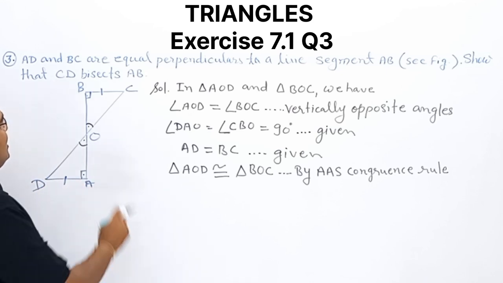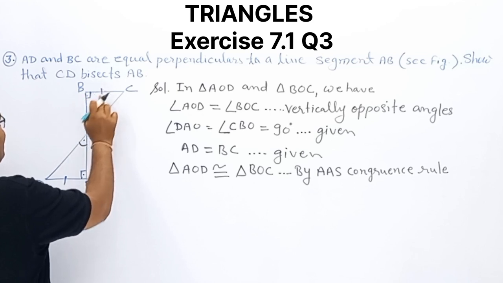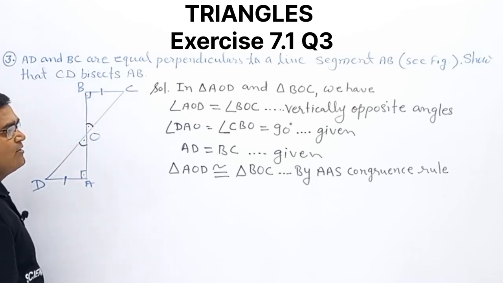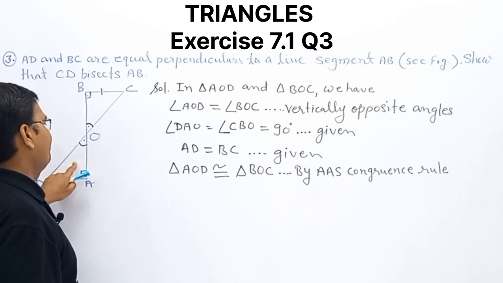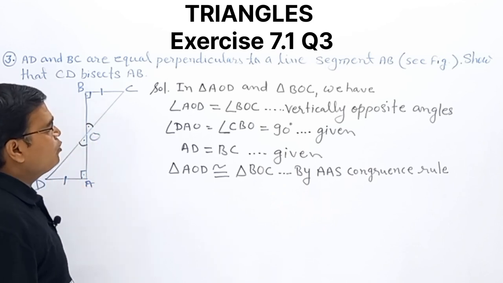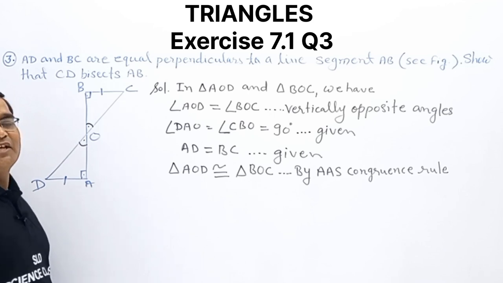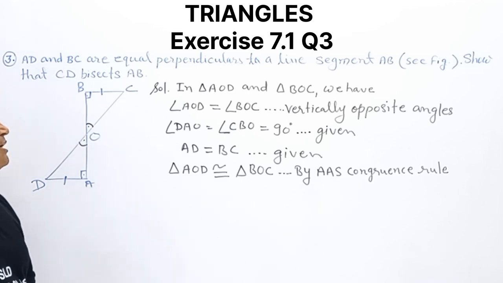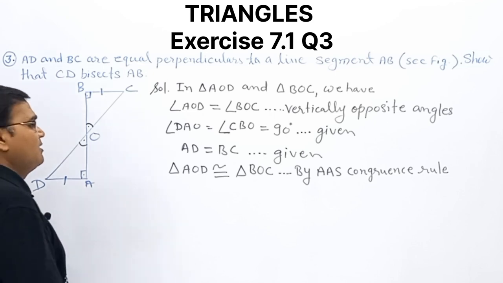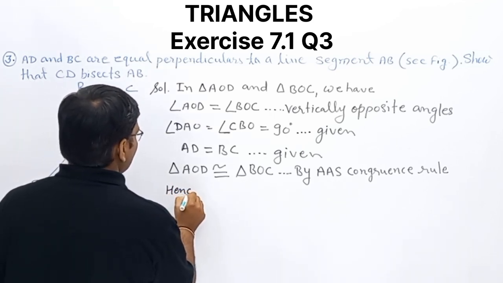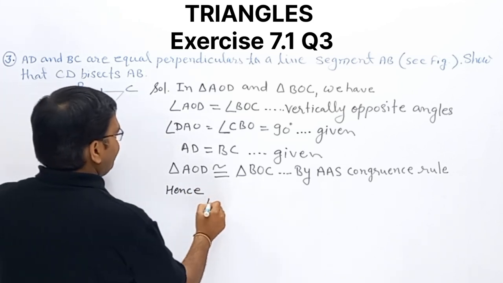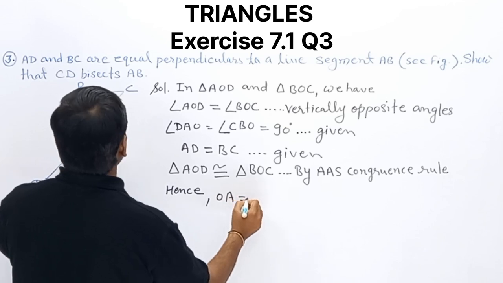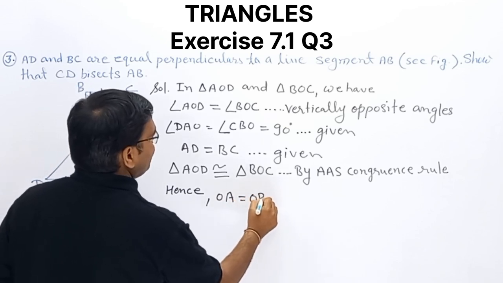So finally, by the angle side congruence rule, this triangle is congruent to this one. So these two triangles are congruent, so corresponding parts of these two triangles will be equal. Hence OA equals OB.